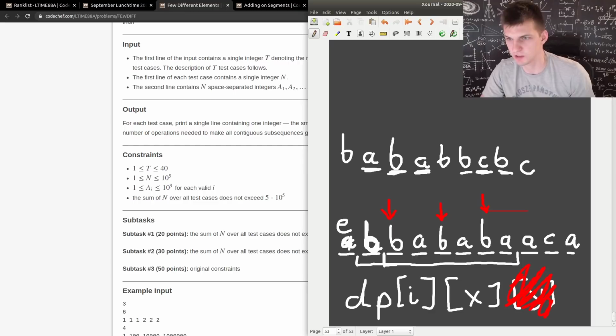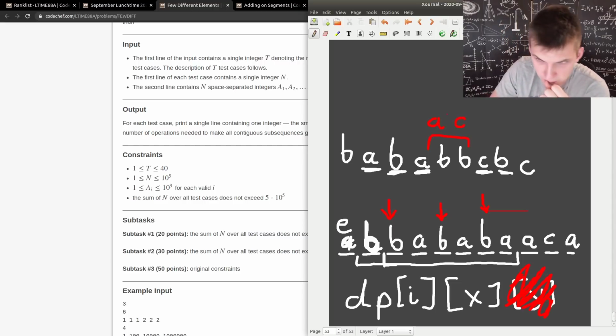But I can change this to C. A and C is not worse. So always a number will be equal to, it will be a block of equal values. So either get the previous number or use the next one.